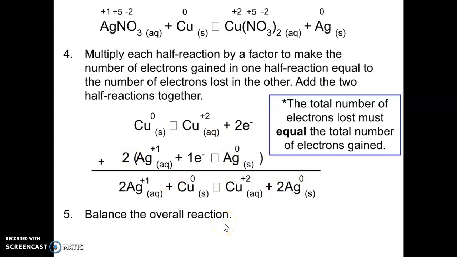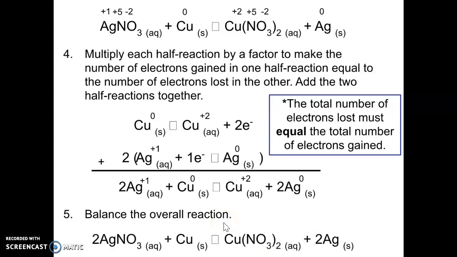The last step is to balance the overall reaction. So by doing that, we just bring back in the nitrate, the thing that was not involved at all in the reaction before. We bring it back in.